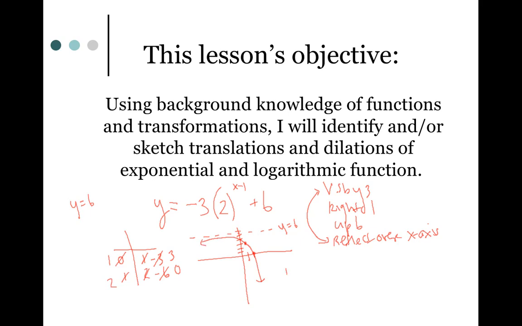Right, so something like this, your domain is still all real numbers, but now your range is going to go from -infinity to the asymptote, which is 6. Right, so this is still growth, but since that reflection happened, and that was kind of where I started with the warm-up, you have to think, well, if I took away the reflection, it is growth, and that's why b is greater than 1.